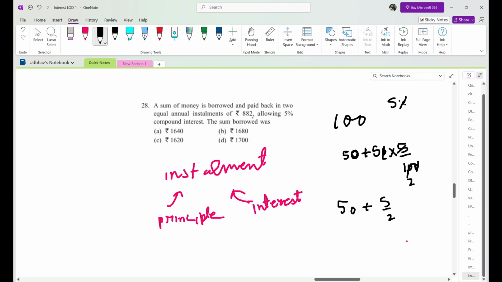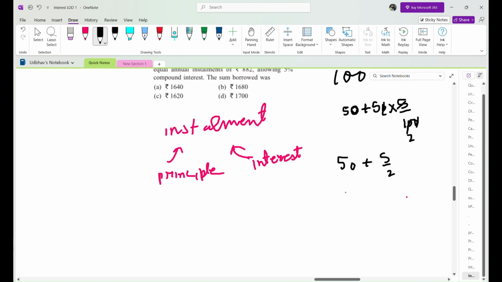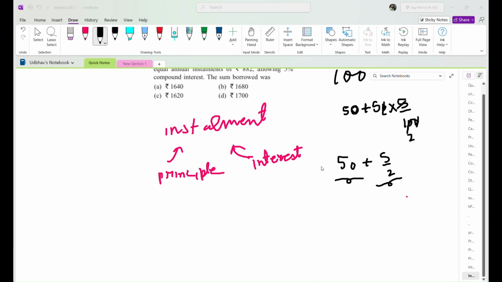So this 882 that we are given is the principal amount plus the interest on the left amount. It's just like the bank, or the friend you borrowed from, is charging you interest, meaning if you borrow the money you have to give a little extra back as a thank you to your friend.